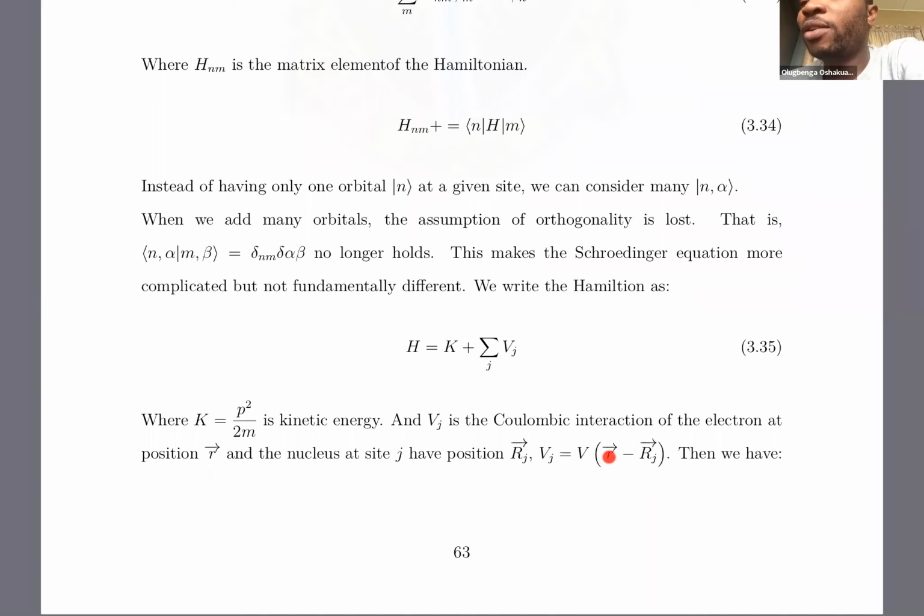That is, small r is the position of the electron, while big R subscript J is the position of nucleus J. So small r minus big R, which are vectors, will give us the displacement, because V depends on this. So this is not V times, this is V as a function of r minus big R. Okay, so let's move on.